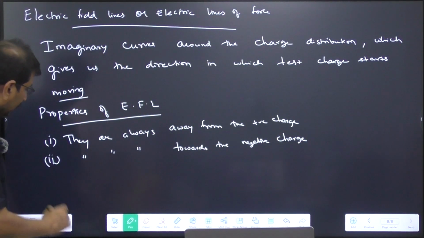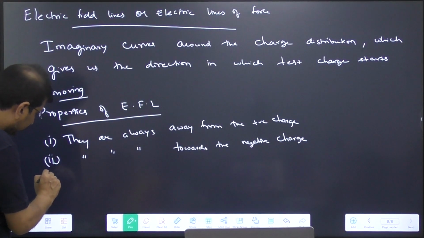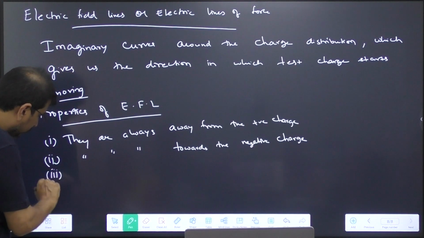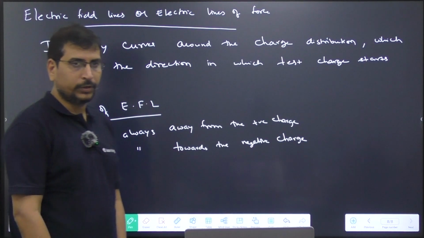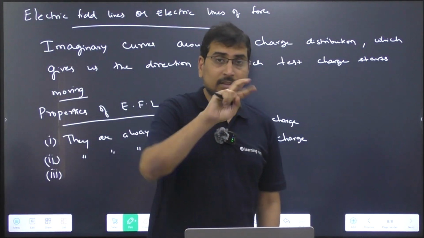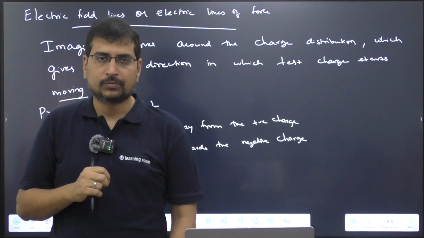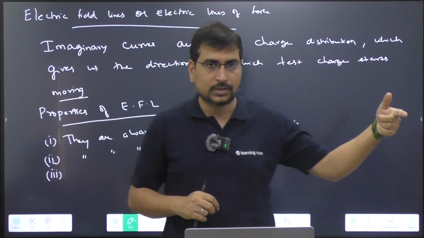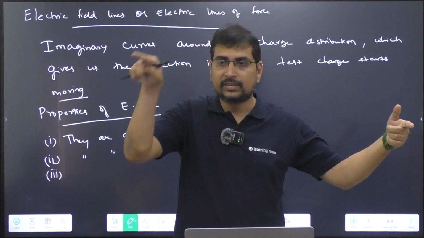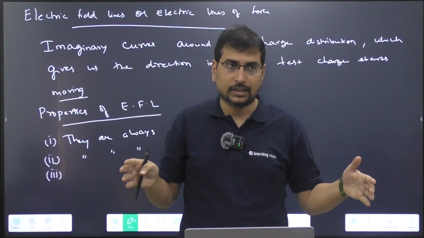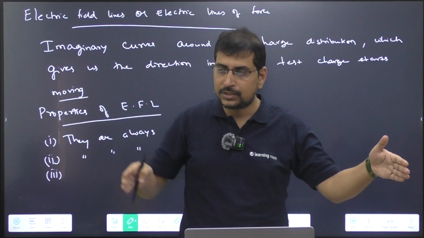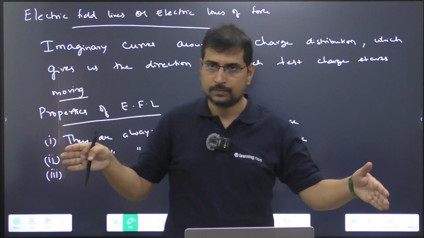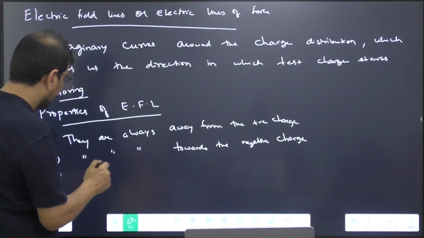Second point. What about the third point? When you had a system of unlike charges, what happened? They were away from the positive charge and towards the negative charge. Where did they start and where did they end? They started from the positive charge and they end with the negative charge. Right? They do not form a closed loop.